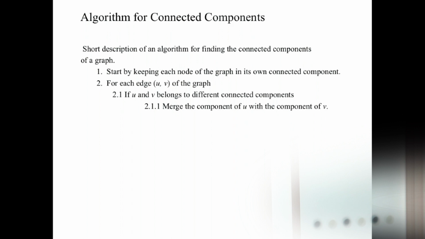So if there is an edge between two nodes, then they should be merged and put in the same partition instead of separate partitions. Okay, and once you have gone through all the edges, all the partitions that remain will be the possible partitioning for that graph.